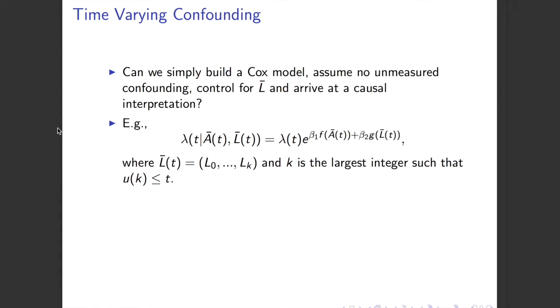And then maybe look at beta 1 and get some sort of joint effect. Some problems here: what is that function? But also, as we mentioned before, you can't really just control for L. You're blocking all the impact from that mediation path.